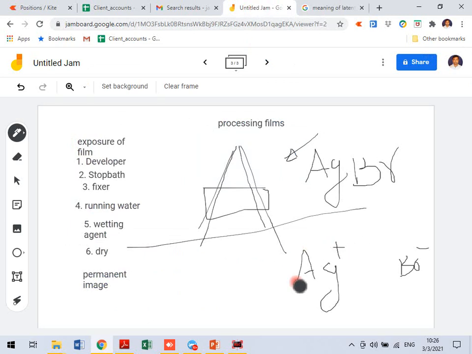So what happens here? You took a film, you loaded it, you exposed it. Take out the film. Did you see any image? No. But the image is there. This is called latent image. That means it is hidden. You cannot see, but there is an image. So during exposure, this is called latent image.